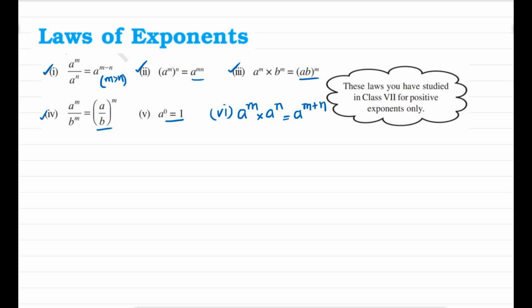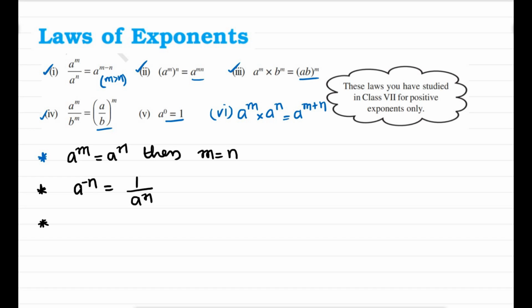So next, let us see a few more laws. If a power m is equals to a to the power of n, then both exponents are equal, that is m is equals to n. And already we know that a to the power of minus n is equals to 1 by a to the power of n.